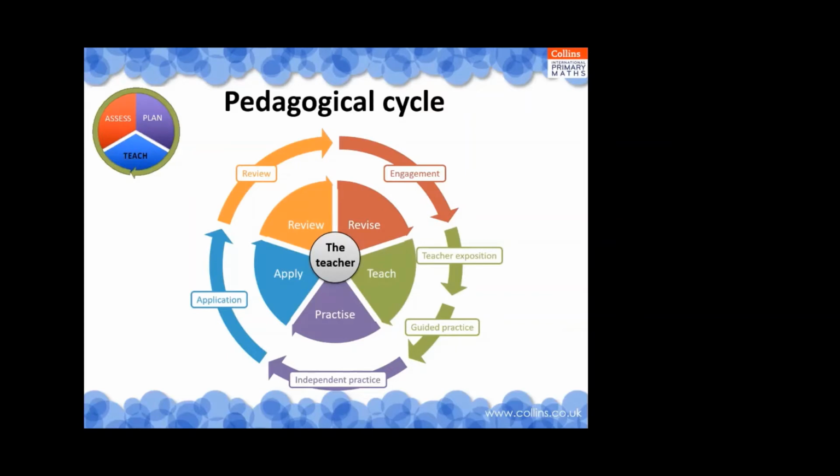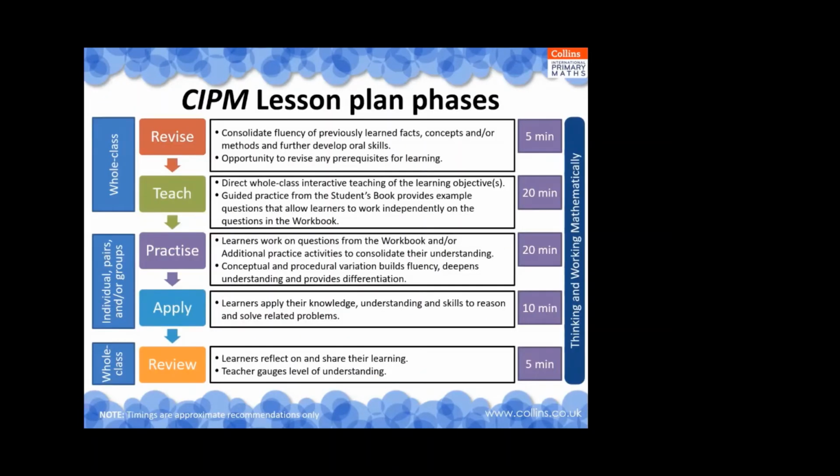The inner ring shows the link between these 6 key teaching strategies and the 5 phases of a Collins International Primary Maths lesson plan. The lesson sequence focuses on supporting learners' understanding of the learning objectives from the Cambridge Curriculum Framework, as well as building their mathematical proficiency and confidence.